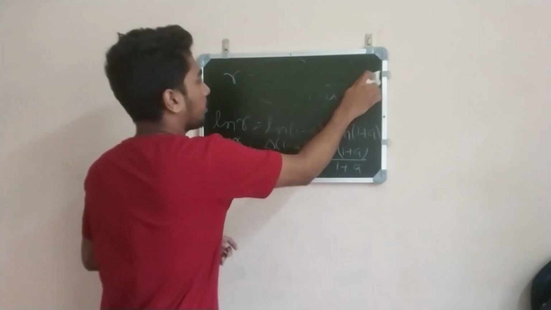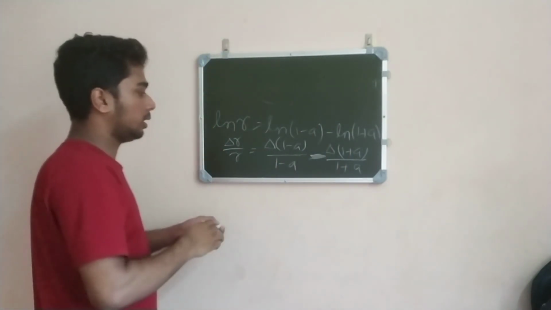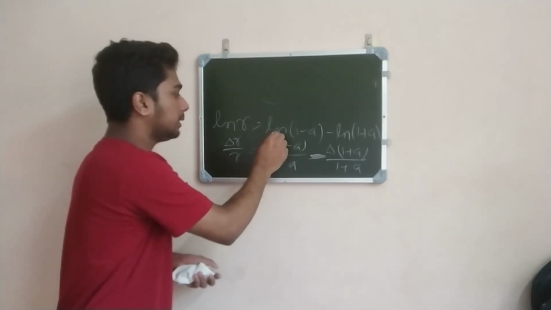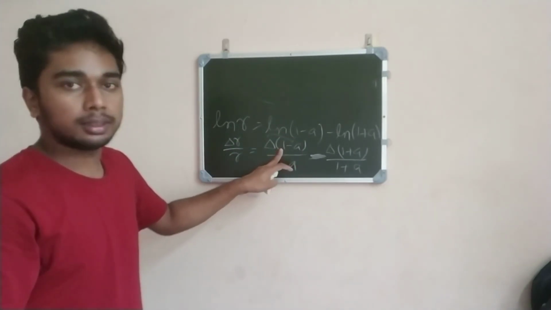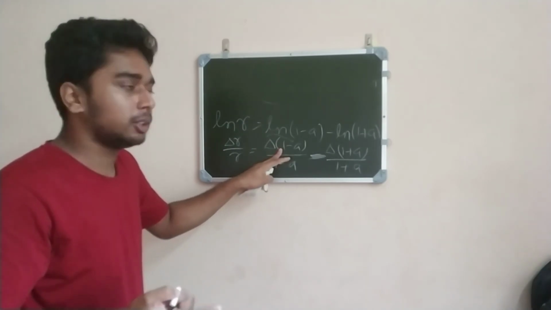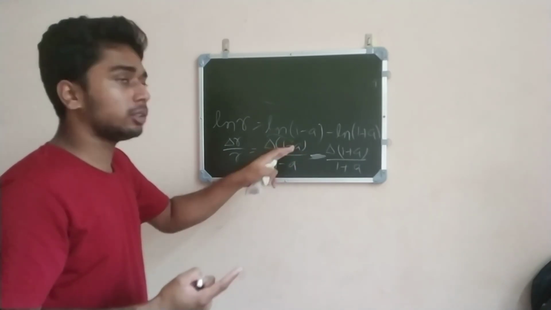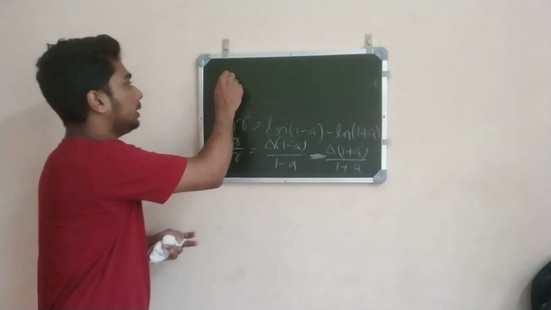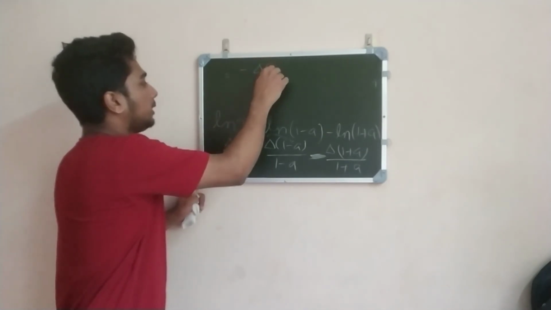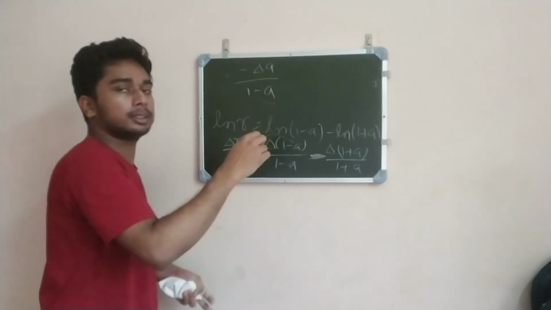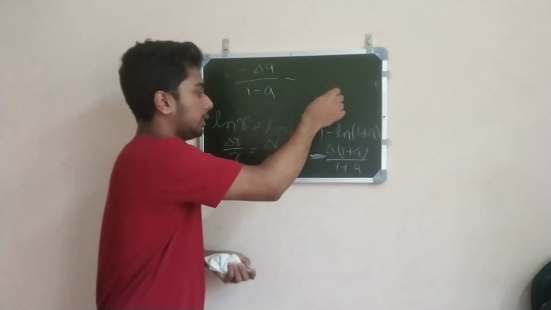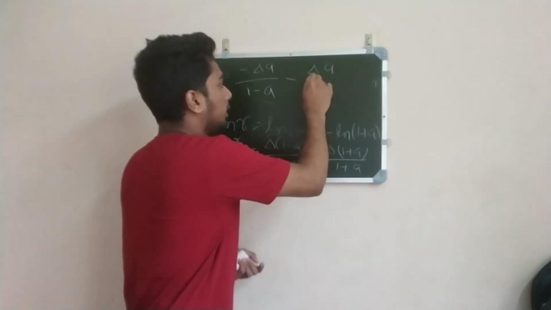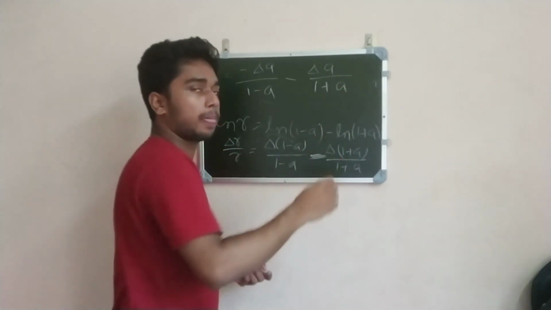Just take delta inside. Delta of 1, the derivative of 1, is 0, so delta of minus a will be minus delta a. So it will be minus delta a divided by (1 minus a), minus delta a divided by (1 plus a).